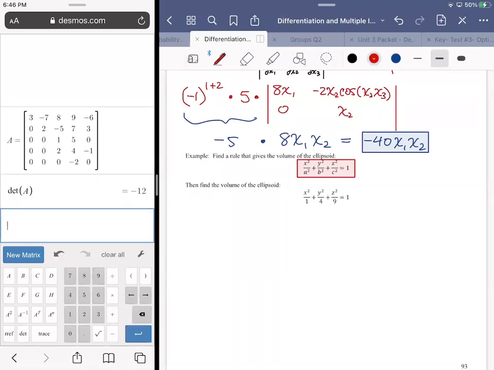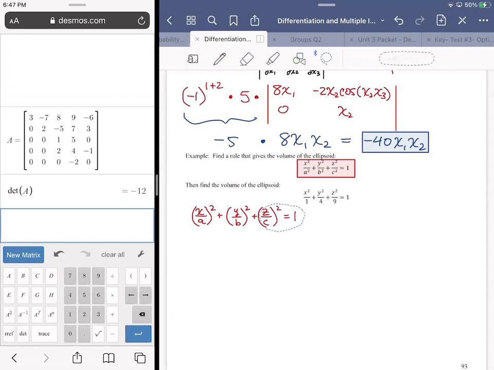We could say x squared over a squared is really the same as x over a as a quantity squared, plus y over b as a quantity squared, plus z over c also quantity squared, equal to 1.